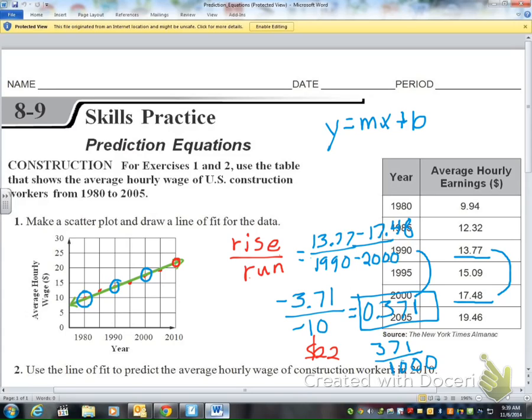But since 1980 and 9.94 are pretty close to the line, I can use them.